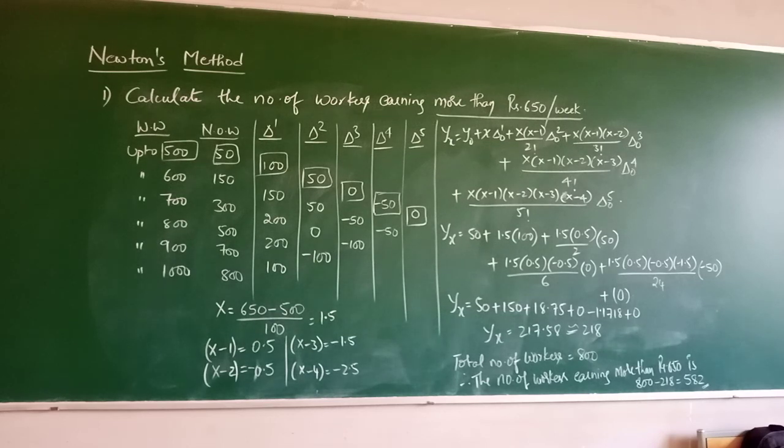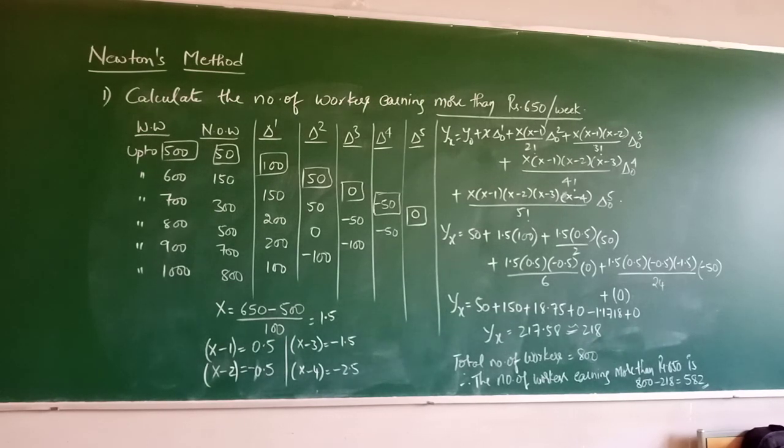And then first find out y0. Y0 is nothing but the initial frequency, the number of workers, 50, and delta naught 1 is 100, delta naught 2 is 50, delta naught 3 is 0, delta naught 4 is minus 50, delta naught 5 is 0. And x we have calculated, see under the table: x is the value which is to be interpolated. First of all, forget about the more than.